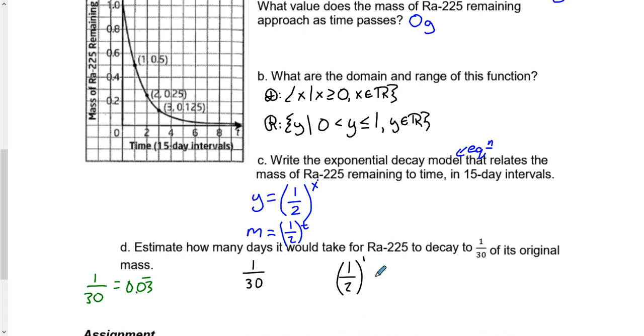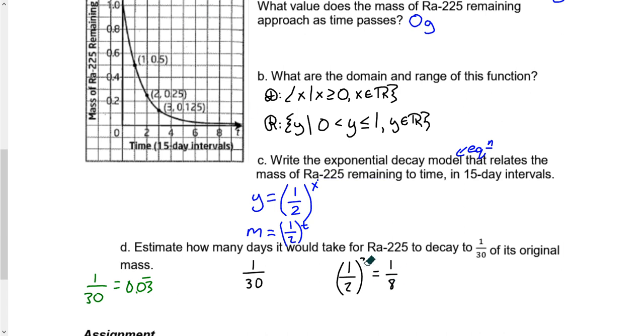We know to the power of 1 would be 1/2. If we wrote to the power of 2, it'd be 1/4. If we keep on going, we know that 3 would be 1/8. So 1/2 to the power of 3 would be 1/8.